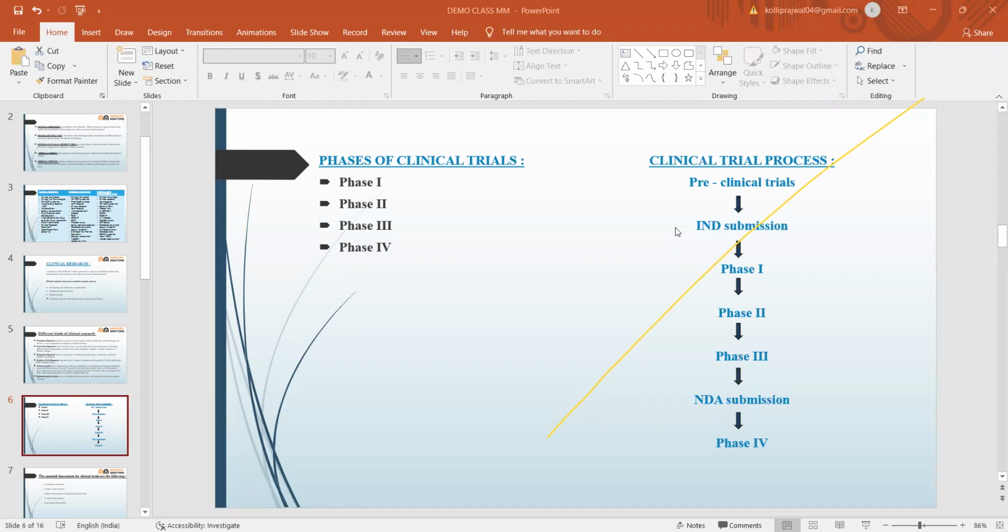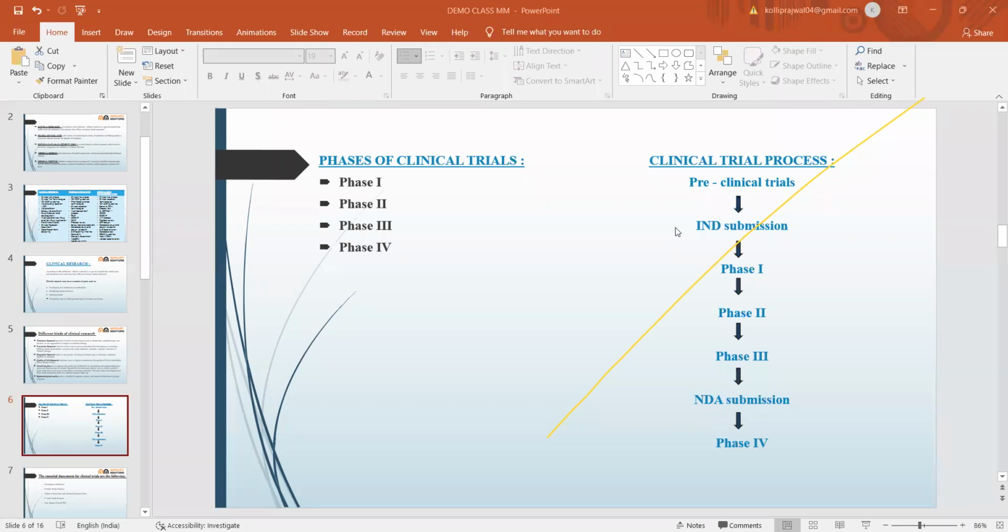So there is a difference between phase 0 trials and preclinical trials. Preclinical trials are basically the experiments which will be conducted on animals. Next, after preclinical trials, we are going to submit an IND application. IND means investigational new drug.